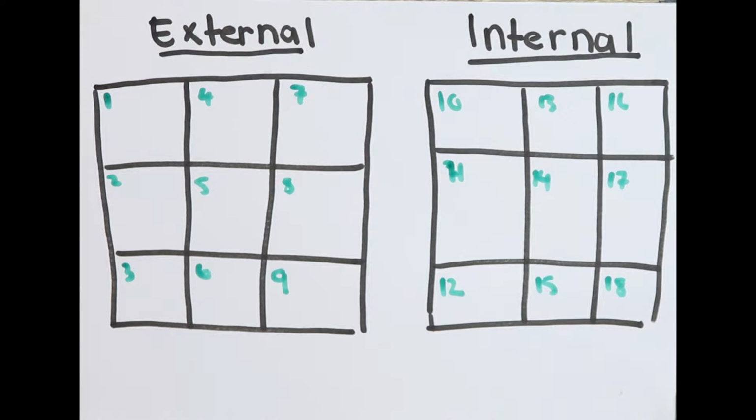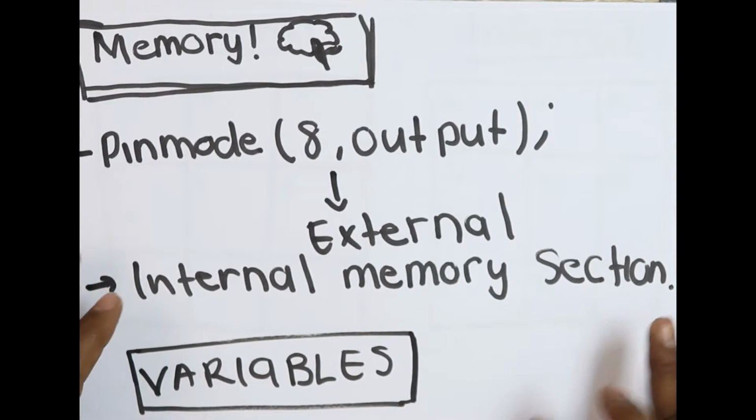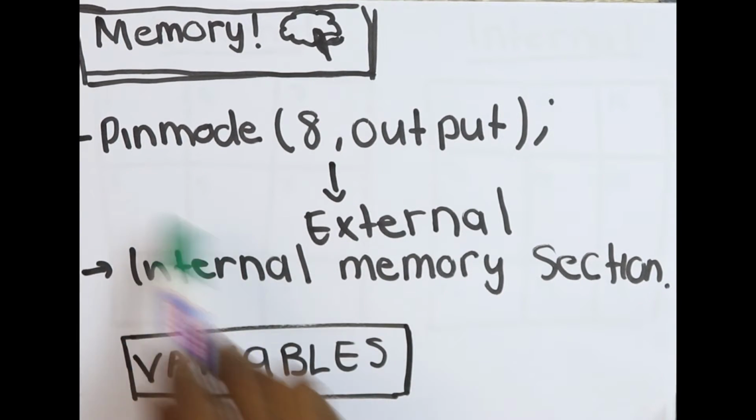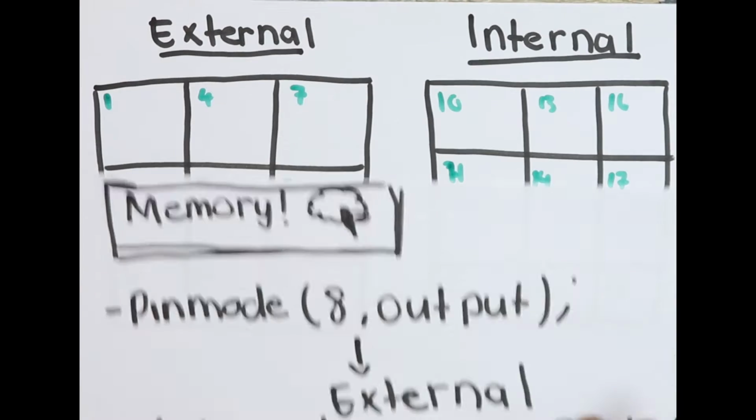Okay, so I want to go back to our famous instruction that we had, which is our pin mode 8 output. So how does this actually play out in memory in the background when you write this instruction?